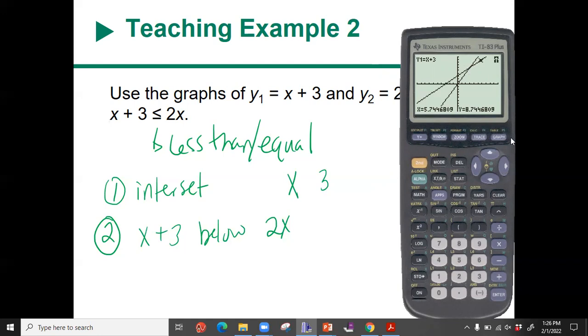The other way to look at it is from the table. If I go to the table, I'm looking for when 2x, which is my y2, has values greater than x plus 3, my y1. So looking here, my values for y2 are greater after 3. Do you see that? After 3, y2 is greater than y1.